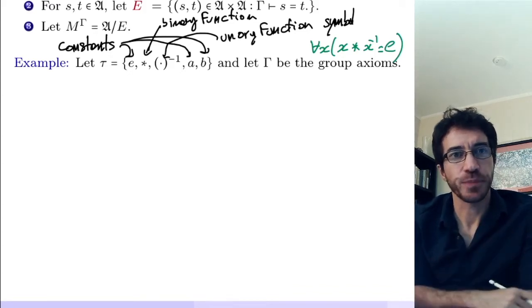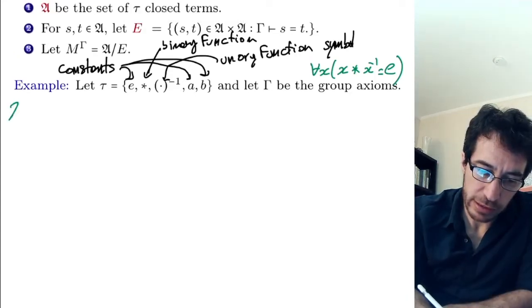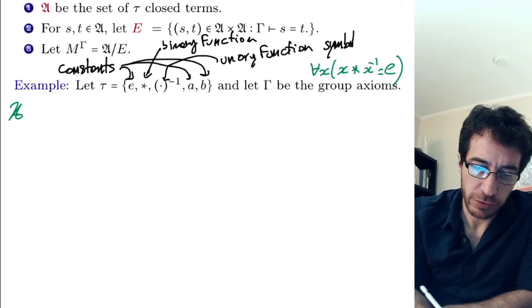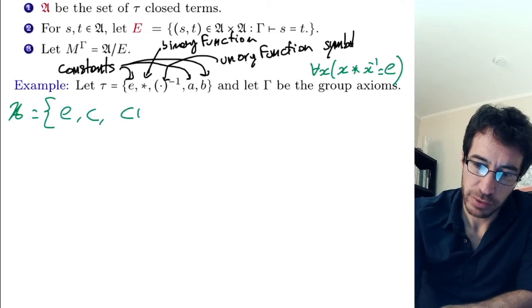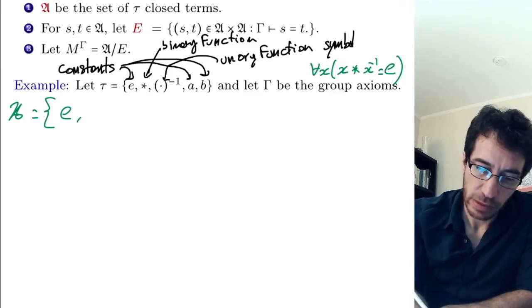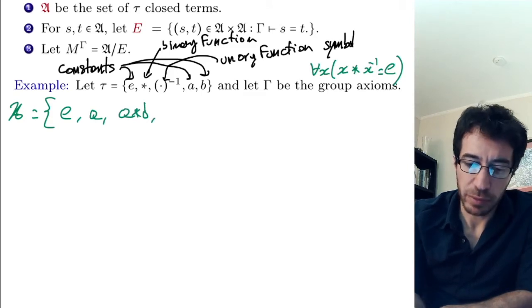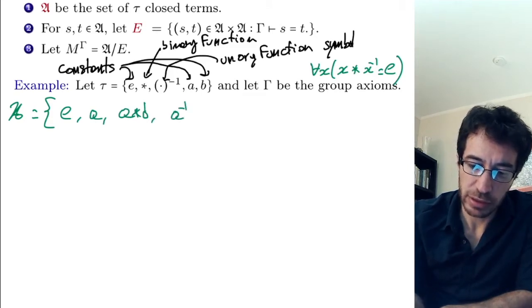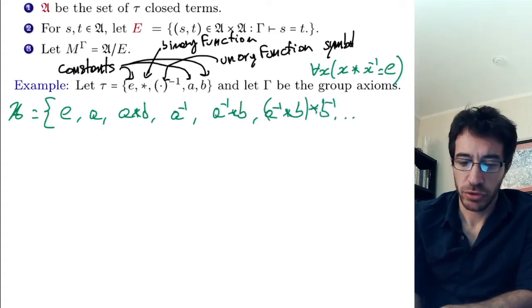So what happens when we do the terms now? When we define this A, the set of terms, now we're going to have things of the form E, C, then we have A's and B's: A star B, the same as before, and everything you can do with that, but we also have things of the form A minus 1 star B, A minus 1 star B, star B minus 1, and so on and so forth.